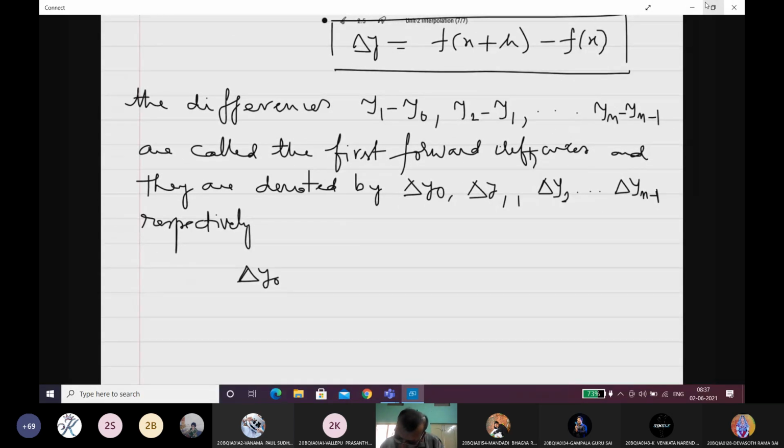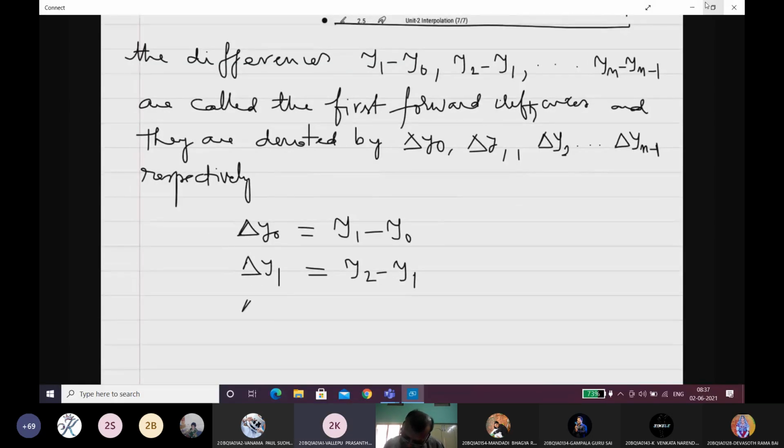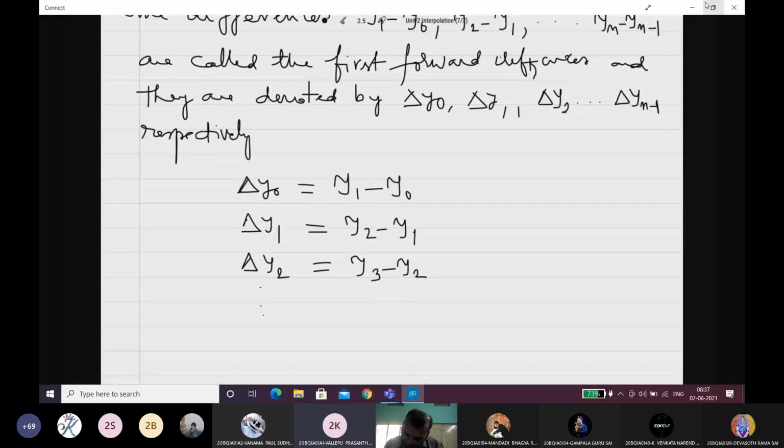Delta y0 is equal to y1 minus y0. Delta y1 is equal to y2 minus y1. Delta y2 is equal to y3 minus y2, and so on.